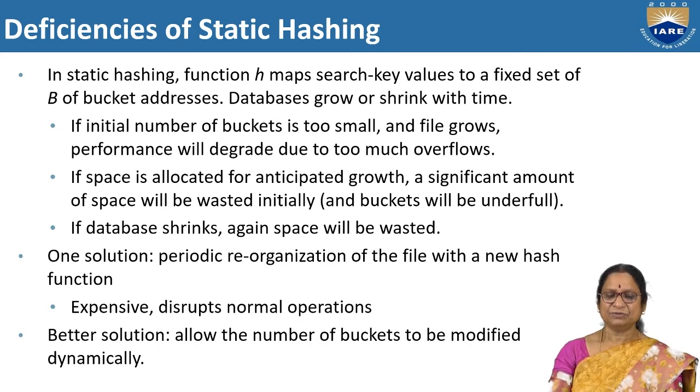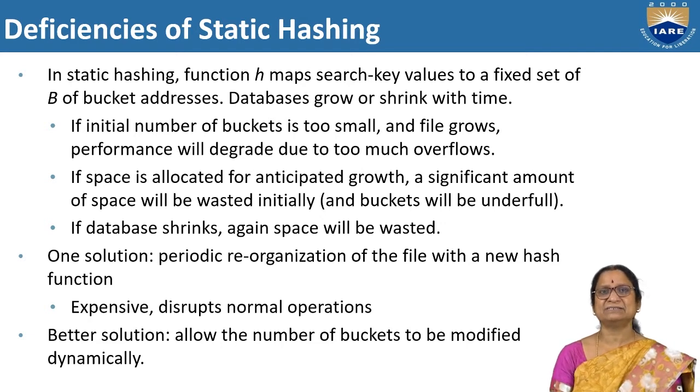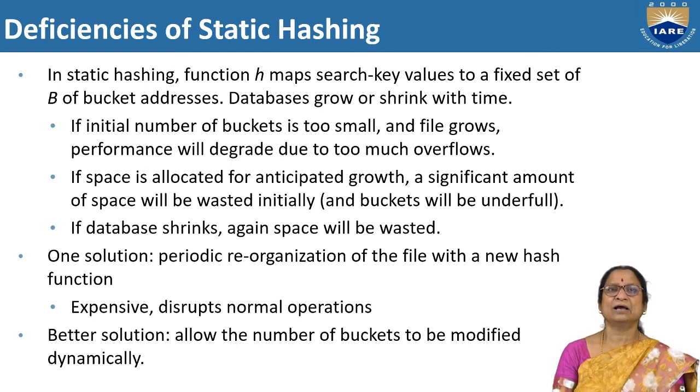That's why if the database shrinks, space will be wasted, and if the database grows, the space is going to be insufficient. Still, in real-time applications static hashing is used, because it is easy to implement, which is its most important advantage.